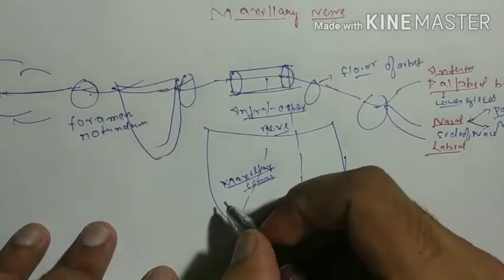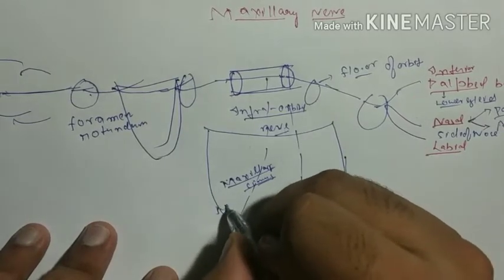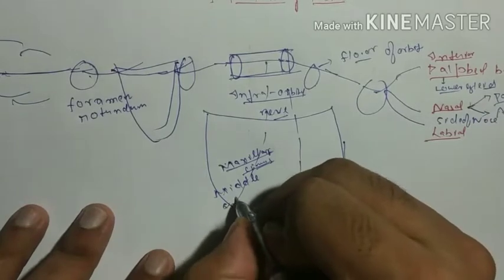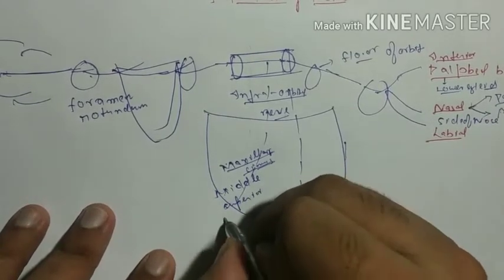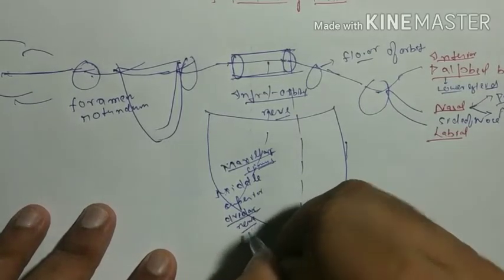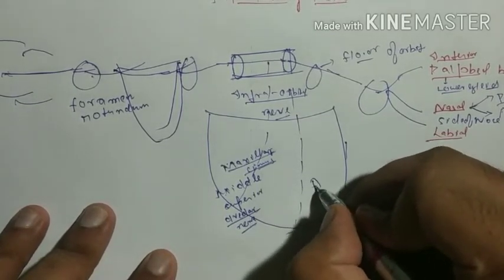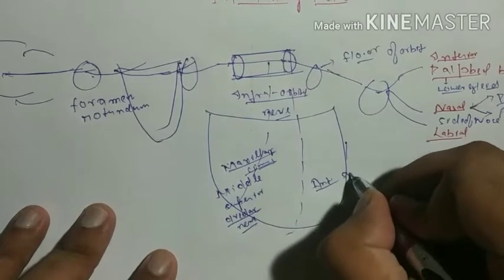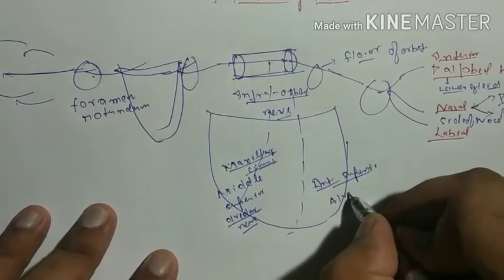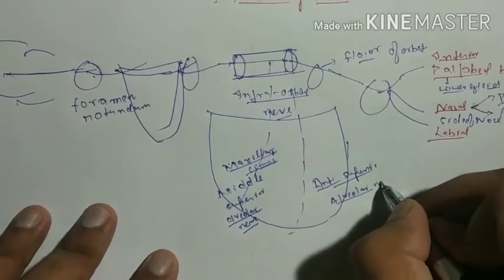And the branches given are the middle superior alveolar nerve, and the second one is the anterior superior alveolar nerve.